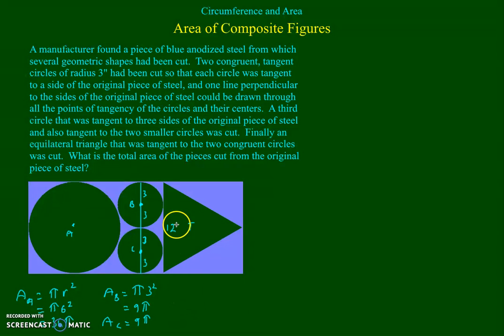And then we need the area of this triangle. Now that triangle is going to be a little bit more difficult, I think, but not too terribly bad. We know this altitude, I'm going to have to corrupt my drawing here a little bit. So we're going to draw the altitude in there, and that altitude breaks up the side length.